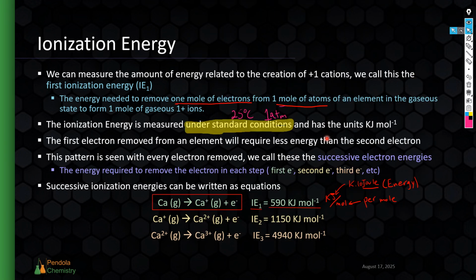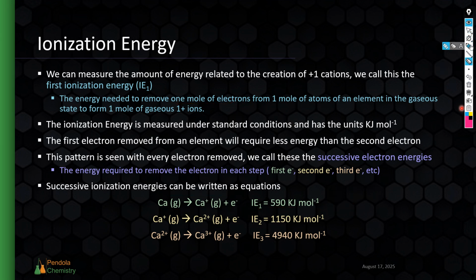So if we go back here, it takes 590 kilojoules of energy to remove the first electron from 1 mole of calcium.